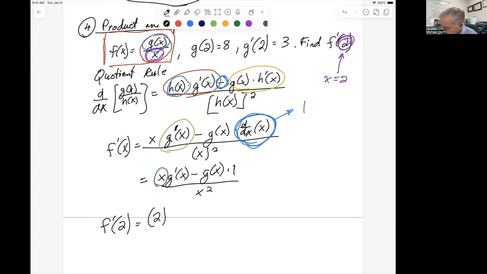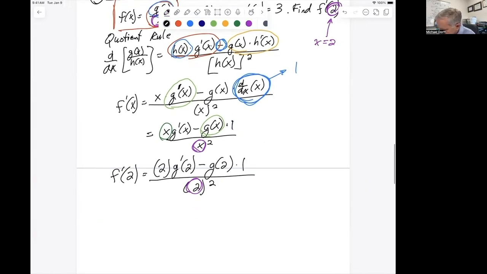So there's the 2. And then I have g prime of 2 minus g of 2, where I'm using now this here. There's g. I'm putting in 2 for x. Okay, times 1 all over 2 squared, where I'm putting in 2 here for this x.